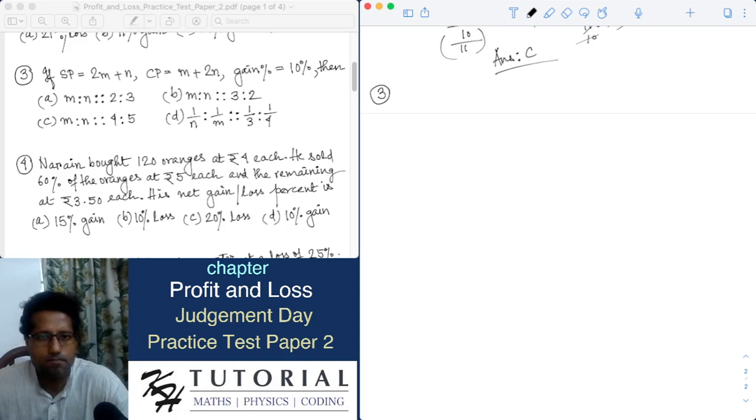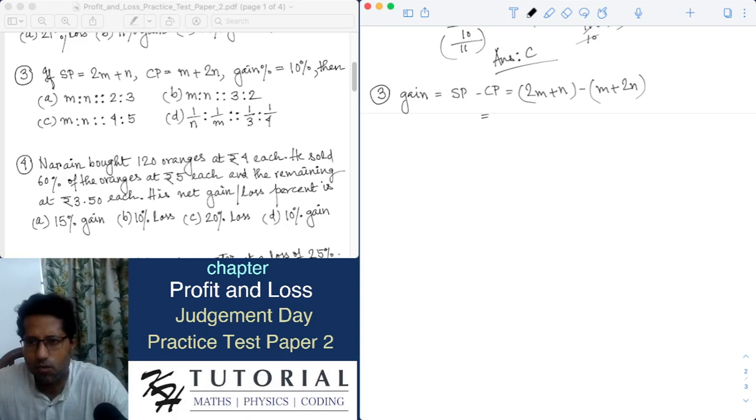Okay, so now since it is talking about gain, from the given facts we can say that gain equals SP minus CP. This equals 2M plus N minus M plus 2N. If you simplify, we get 2M plus N minus 2N.